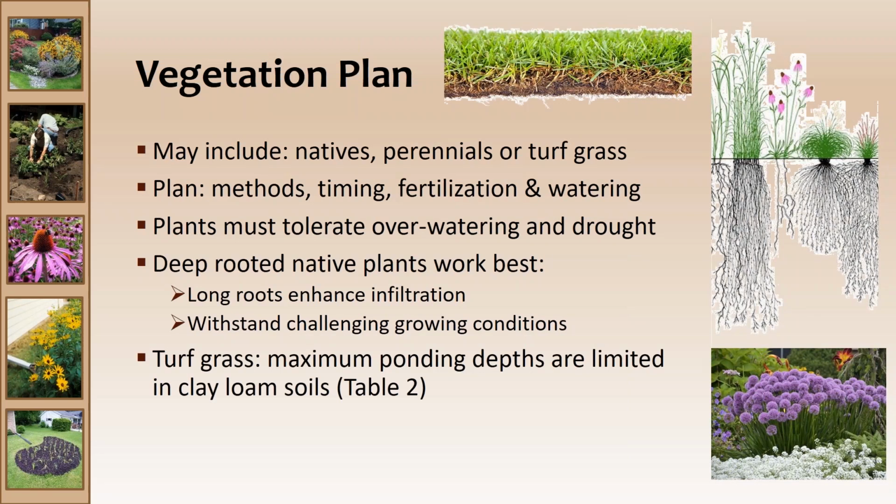If you use turf grass, we've included some limitations in table 2 in the clay soil or the clay loam soil column, because the ponding depths or the drawdown times get way too long, and we were trying to keep them under, I think those started getting over 48 hours, if I remember right, Roger.